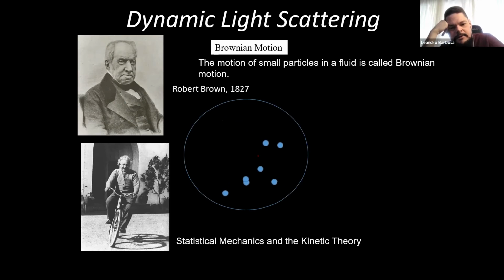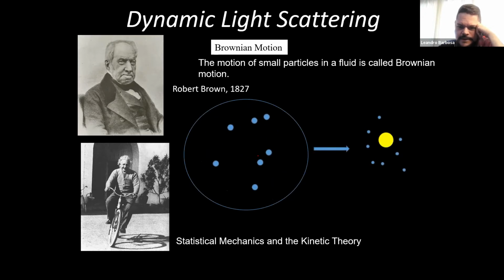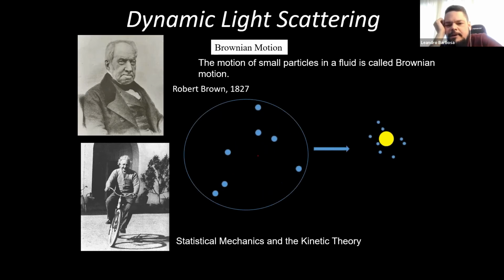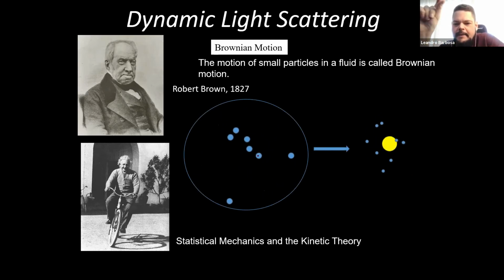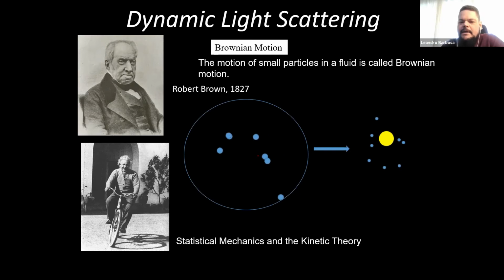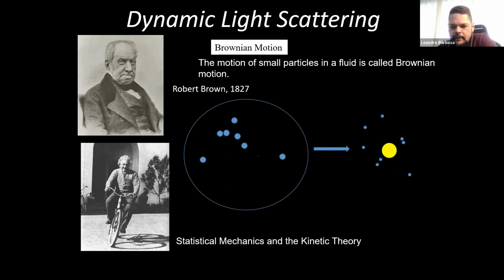Only almost 100 years after him, in 1905, Albert Einstein wrote his PhD thesis on the Brownian motion, on its statistical mechanics, and he realized what was going on. In a very small period of time, the number of hits from small particles on one side of the pollen or the oak was different from the other side.